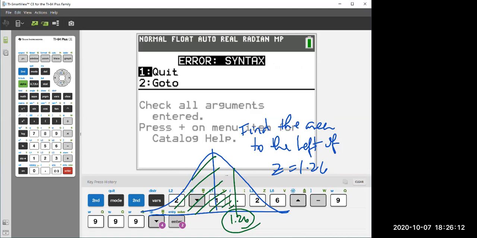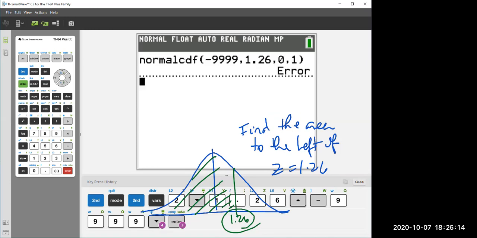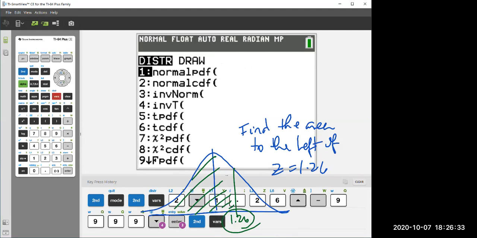So when you enter this, oh, what happened? Oh, good thing that it showed an error, because there are a lot of mistakes when you use normal CDF and this graphing calculator. Again, I'll show you.